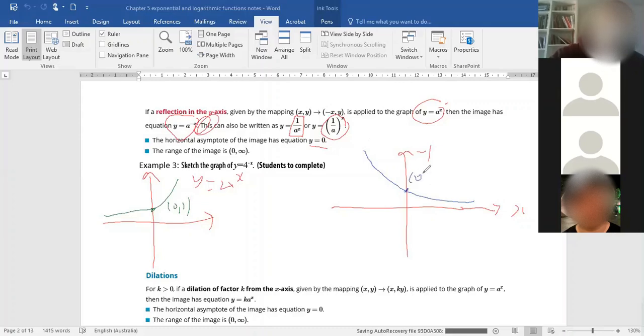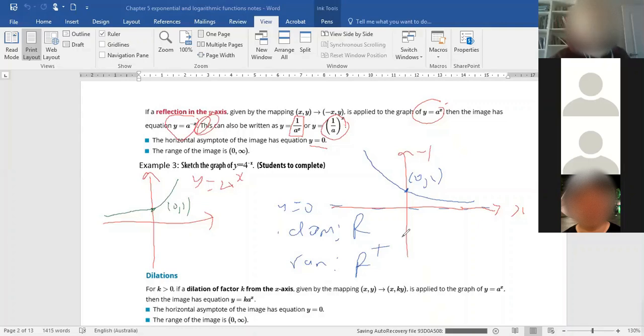It still crosses at 0, 1. And there is still an asymptote at y equals 0. The domain is still reals. The range is reals positive, 0 to infinity if you want to write that. Any questions there?